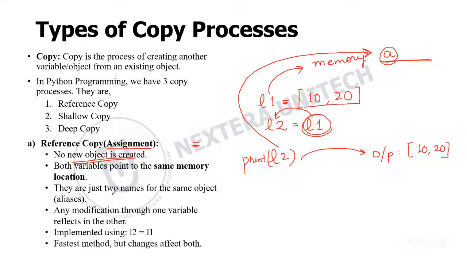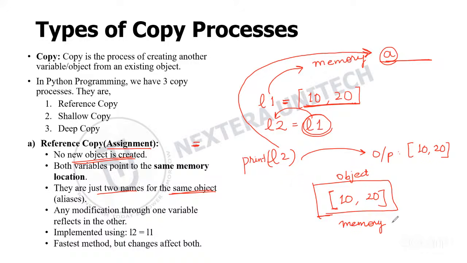So they are just two names for the same object. This object, 10, 20, is a list object, right? This list value is saved into some object that references some memory location, let's say A. First, your L1 variable points to this memory location which consists of 10, 20.